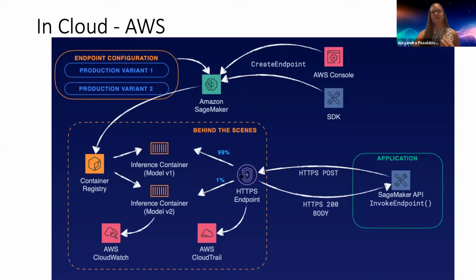So this is very helpful if you have a new version of the model and you're not sure how it's going to behave in production. So you can load balance or direct 90% of the traffic to the old model that you know is performing okay, and the rest of the traffic to the newer version of the model. And the model performance is recorded in AWS CloudWatch, and the endpoint logs are recorded in AWS CloudTrail.